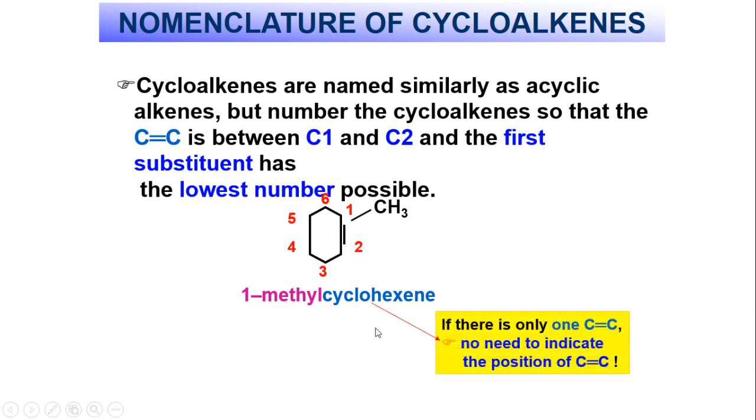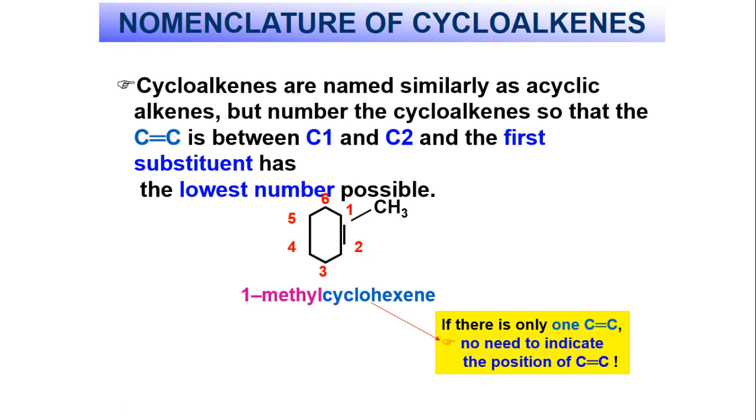Okay, so if there is only one double bond, no need to indicate the position of the double bond. Take note of that. If there is one double bond, there is no need for you to indicate the position of the double bond.